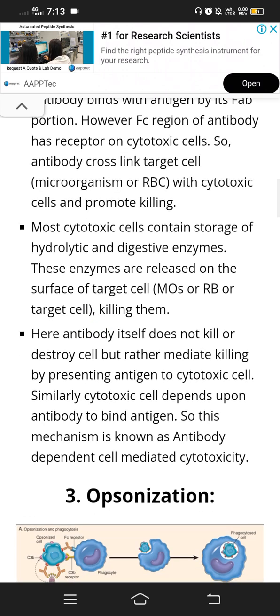Most cytotoxic cells contain storage of hydrolytic and digestive enzymes. These enzymes are released on the surface of target cells, microorganisms or RBCs, killing them. Here the antibody itself does not kill or destroy the cell, but rather mediates killing by presenting antigen to the cytotoxic cell. Similarly, the cytotoxic cell depends upon antibody to bind antigen. So this mechanism is known as antibody dependent cell mediated cytotoxicity.